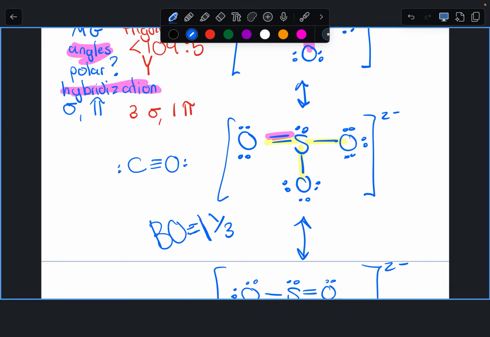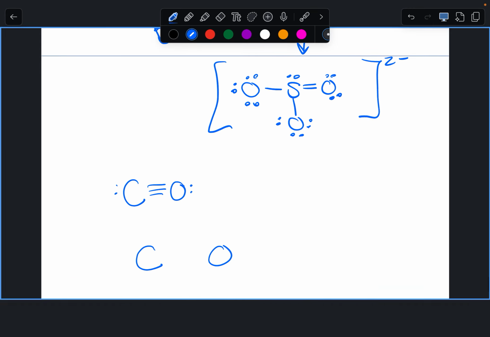The hybridization is completely dependent on how many regions you have, because however many regions, you need that many equivalent orbitals. The orbitals we have to pick from are an s, 3 p's, and sometimes 5 d's. If our valence shell is at n equals 3 or higher, then we have d orbitals as well.